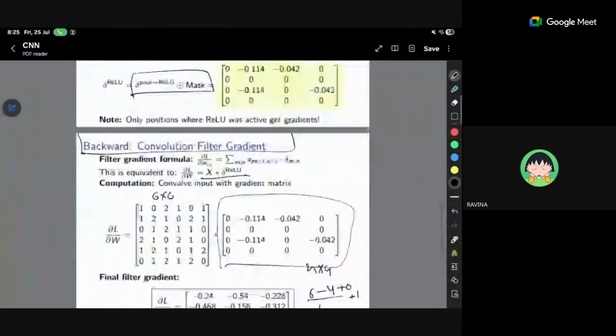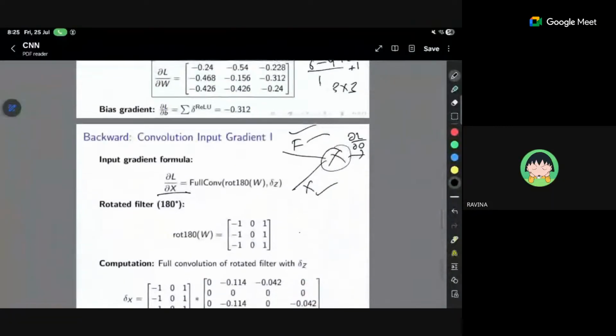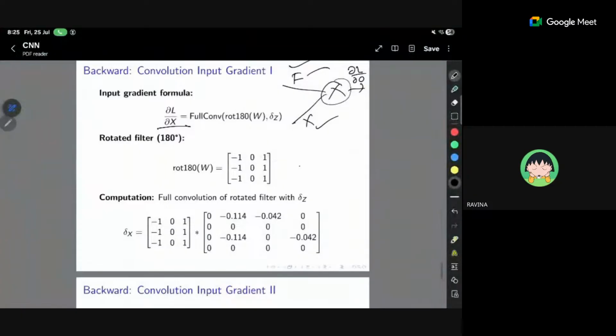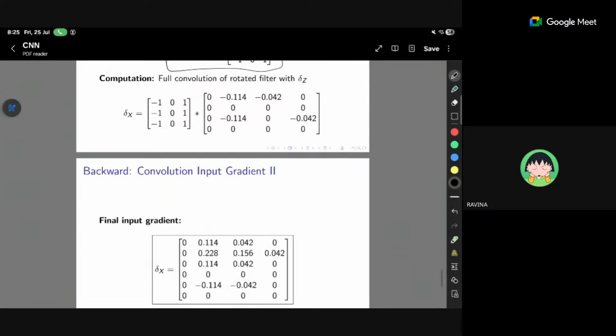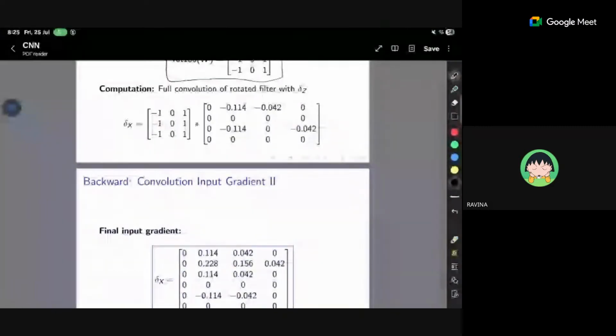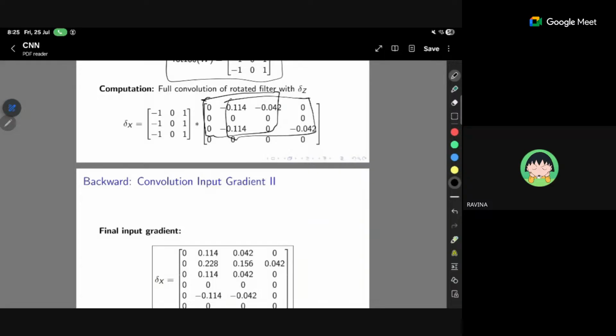So I was at the last part of this. So we have to do that now. So this is the 180-degree rotation. Now we are going to do something called full convolution. So what we do is we put here, okay, like this. Then I put here, and then I put here also.